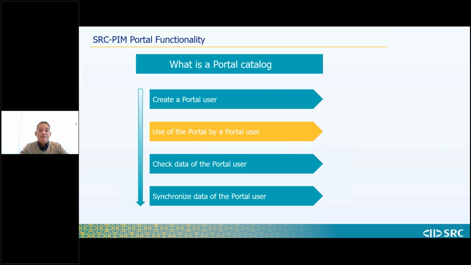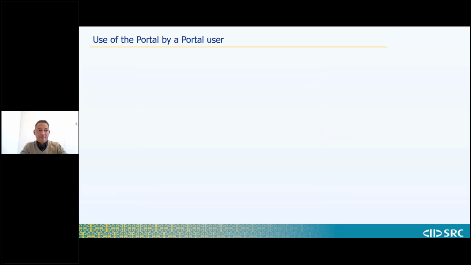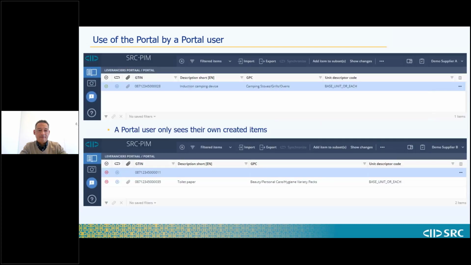Once a portal user has been created and has successfully logged into the portal catalog, they can start using the portal catalog. Every supplier or every portal user or partner will get its own view, so they only see their own created items.